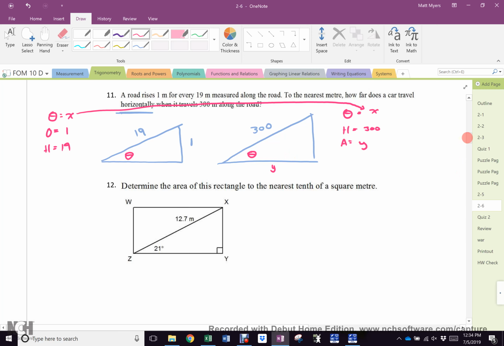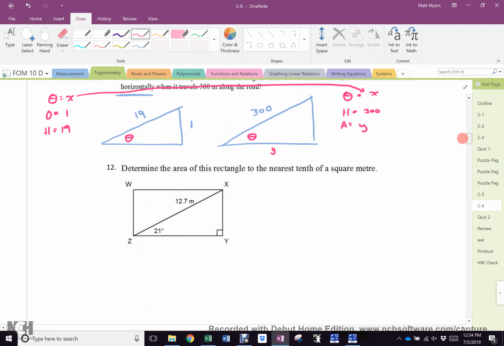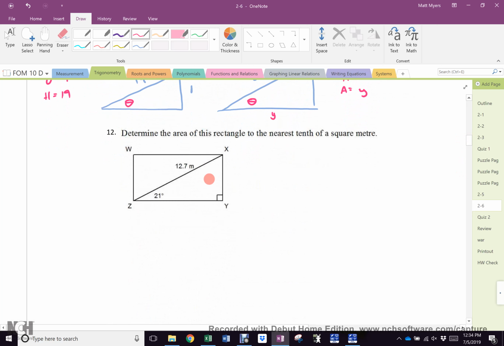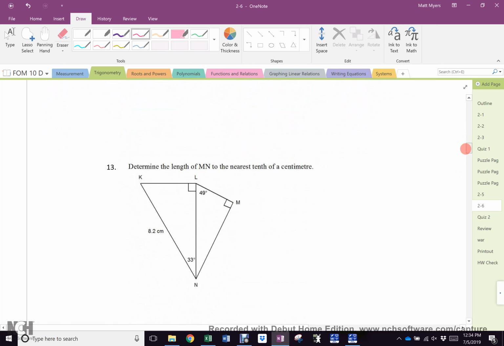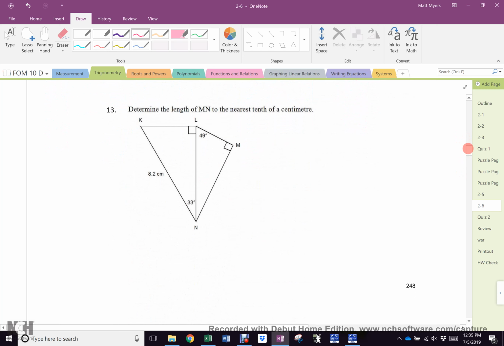These two have drawings. So I'm going to leave you to do 12, but I want to take a moment with 13. Please notice, if I know one angle and one side, I can do trig.